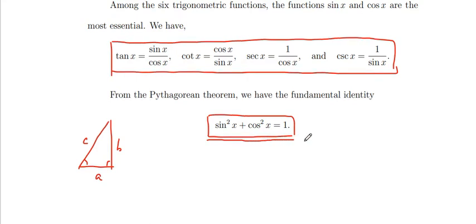Using this, we can produce some others. We can change cosine square in terms of sine square, and sine square in terms of cosine square.